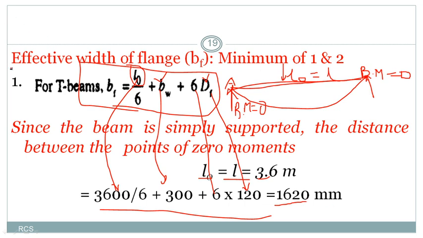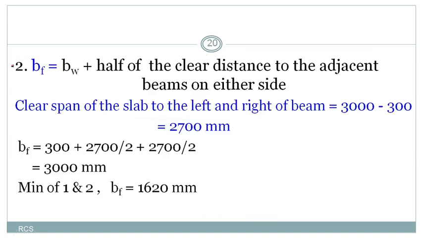This is condition 1. We have one more condition: the effective width of the flange is the width of the web plus half of the clear distance of the adjacent beam on either side. So how to calculate this? The clear span of the slab at the left of the beam and right of the beam. I will explain with the help of a small sketch here.